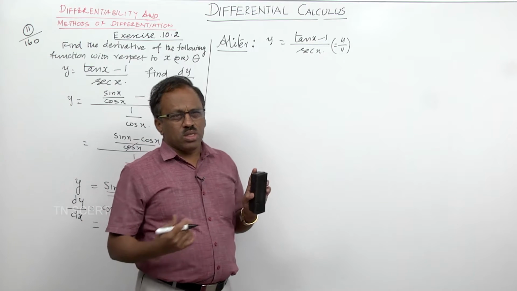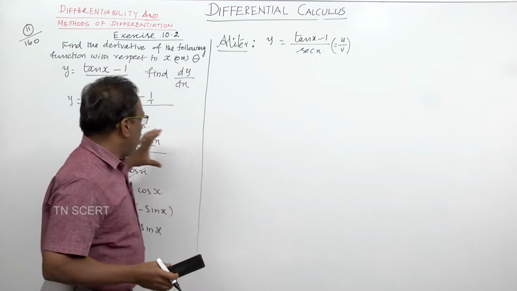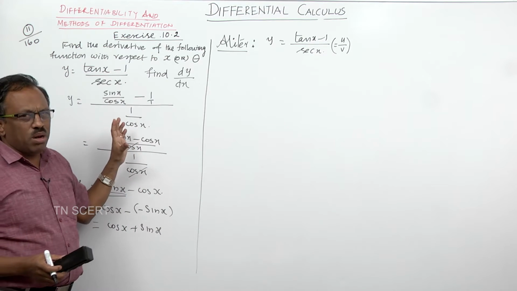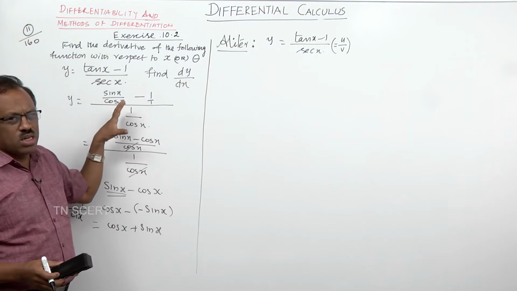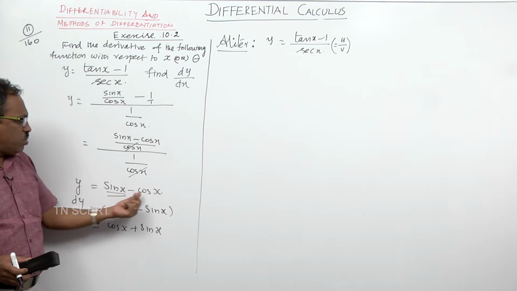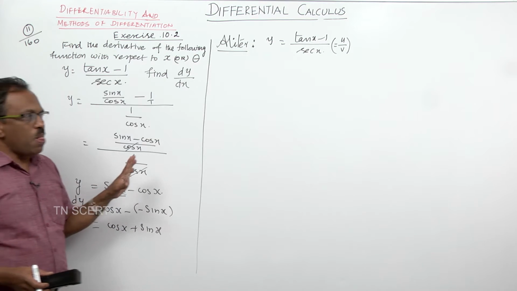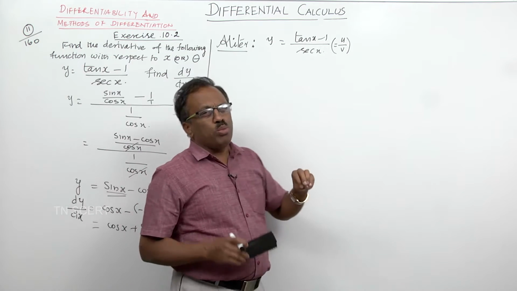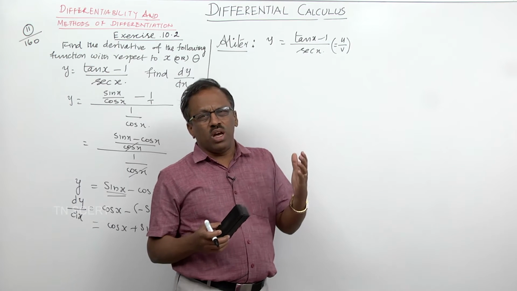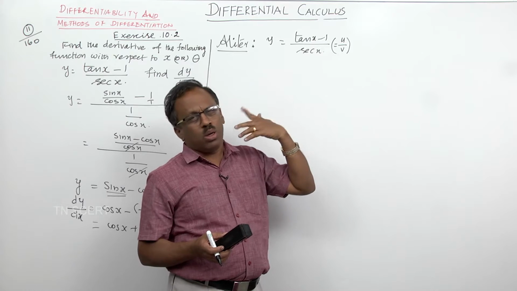The same sum I am doing by u by v. Here the very simple method is the trigonometry method. Just changing the terms, we finally found the function as sin x minus cos x, and on differentiation we got the result, simple. Even if sometimes you may not know how to go with the trigonometrical approach, you can apply the direct formula.